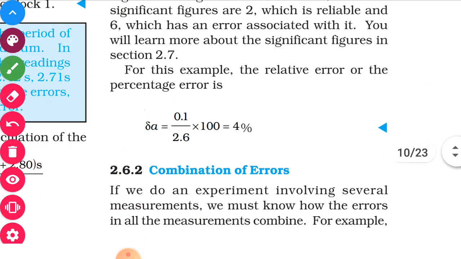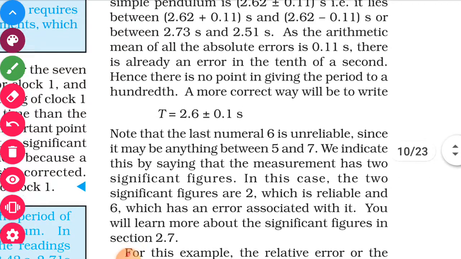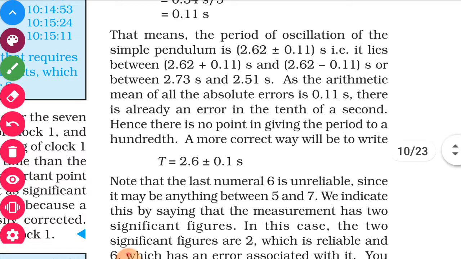Okay, now we want to find out the relative error or percentage error. So this 0.11 is taken as rounded off, and it is taken as 0.1, so it is written as 2.6 plus or minus 0.1.